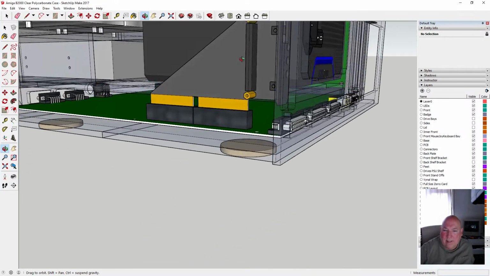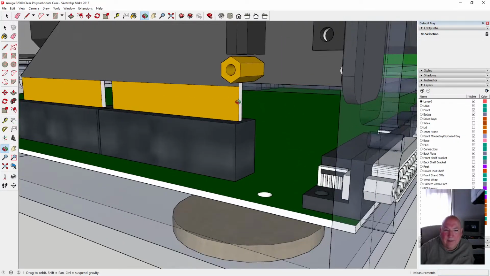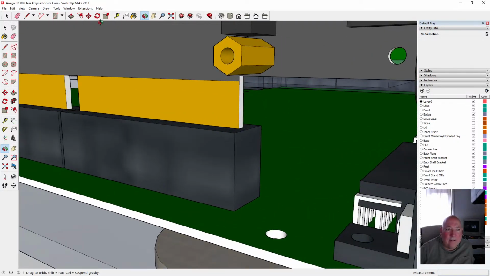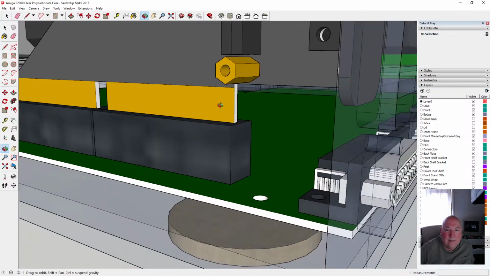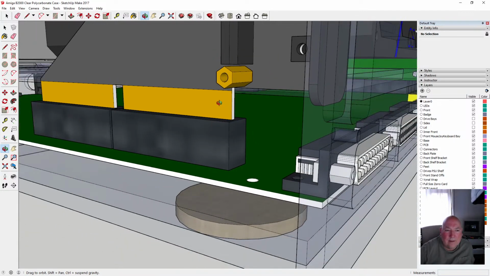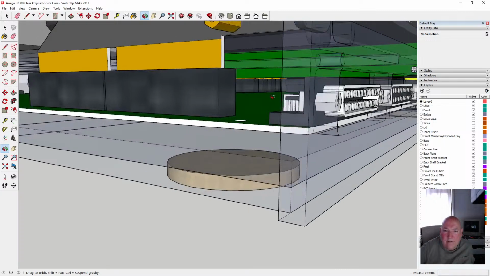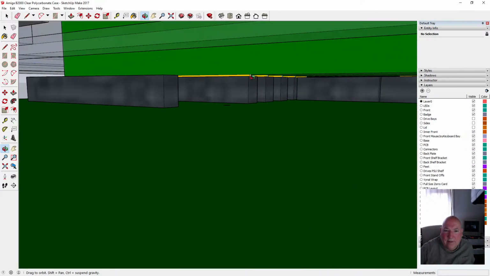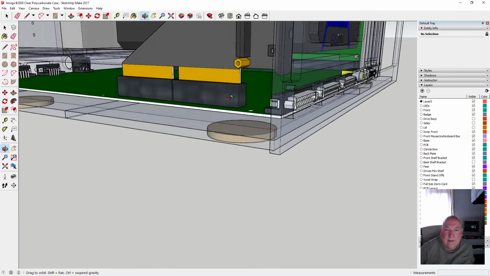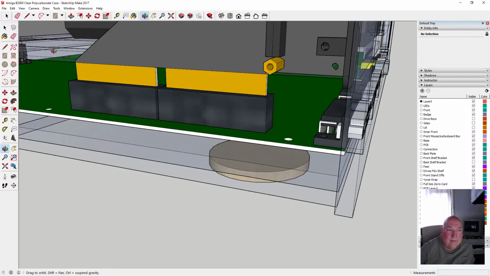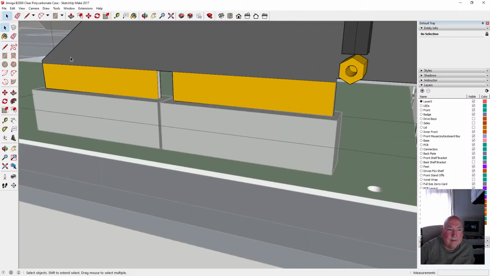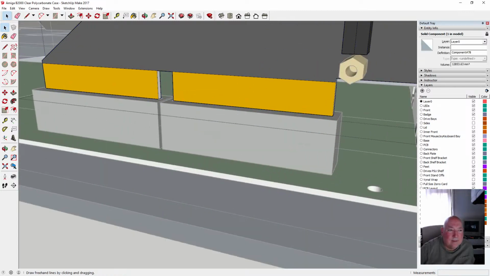Oh, that's not sat down enough anyway. That's not sat down, so let's sit that down. How did I do the other one? Oh, I see. Yeah, so we need an extra line on this. An extra line there.